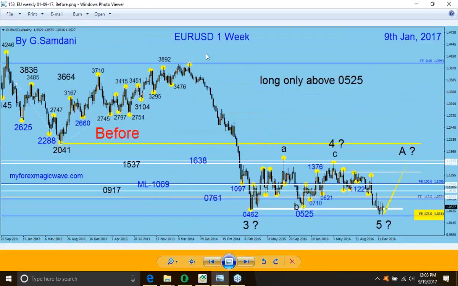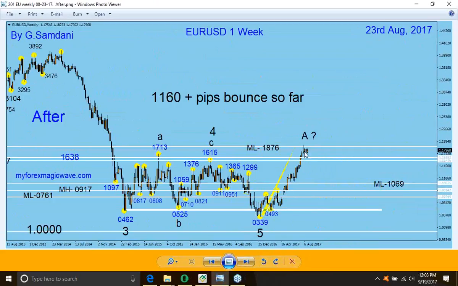See the euro USD weekly chart I made on January 9th of this year, in the beginning of this year, that we're going to go from here to here. Where do we end up now? Here, exactly where I said. And this is almost 1200, 1300 pips, something like that, from here to here. You can count yourself. Okay, from 03 to 17, almost 18, right?